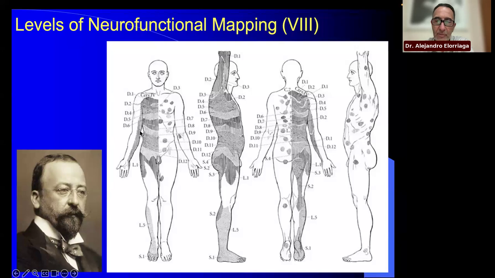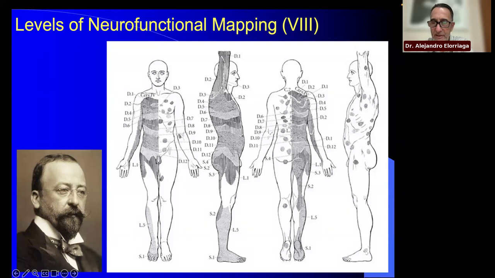And he developed one of the first illustrations. In those days, it was very hard to create an illustration for a journal. So in the journal Brain, this is one of the very first illustrations.